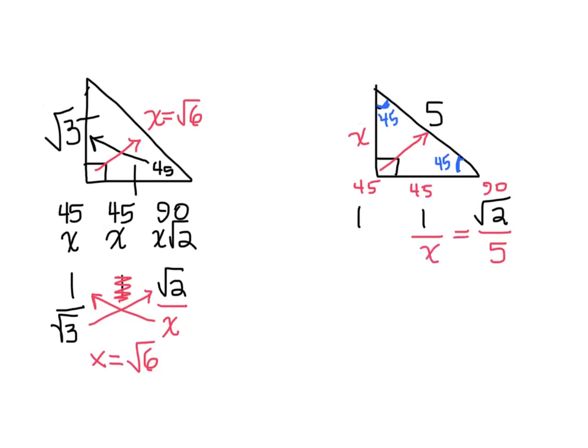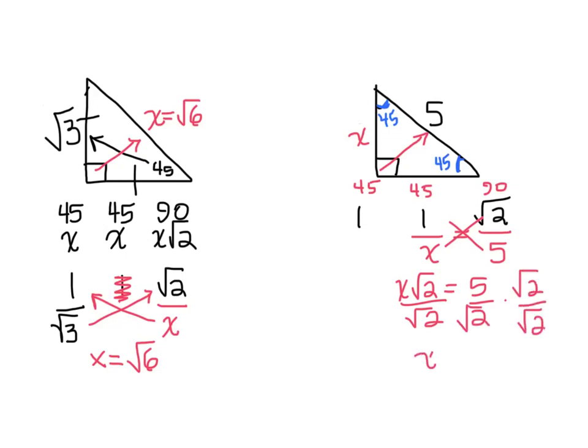And again, I'm going to cross multiply. So I get x root 2 equals 5. I'm going to divide by root 2, and I need to rationalize. So x is going to be 5 root 2 over 2. So these sides would be 5 root 2 over 2. And since it's a 45, 45, both sides will be the same thing.